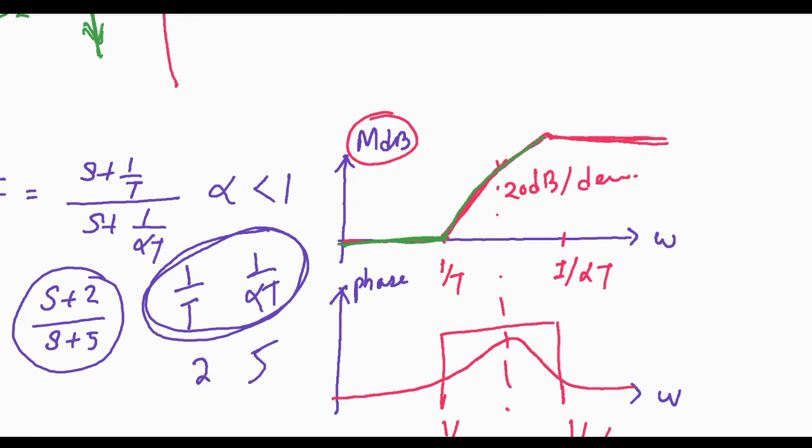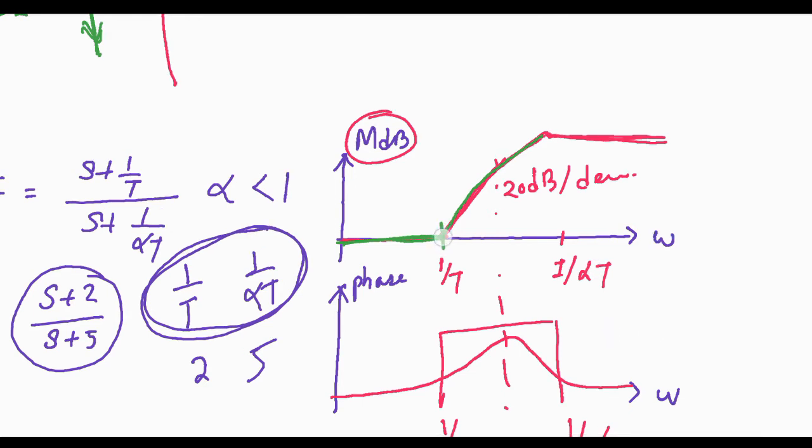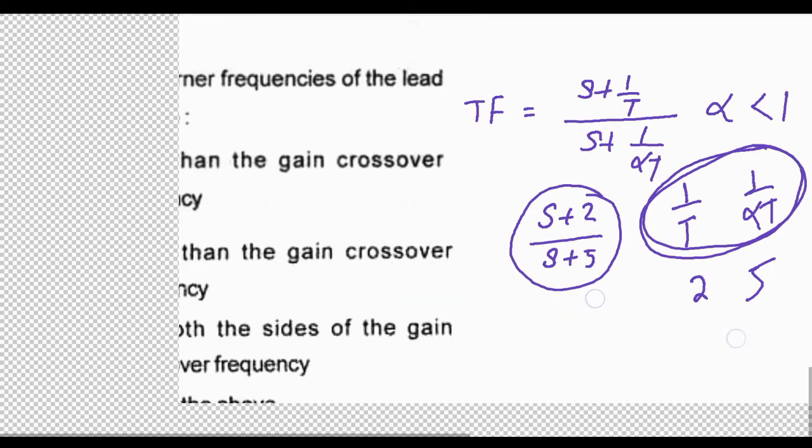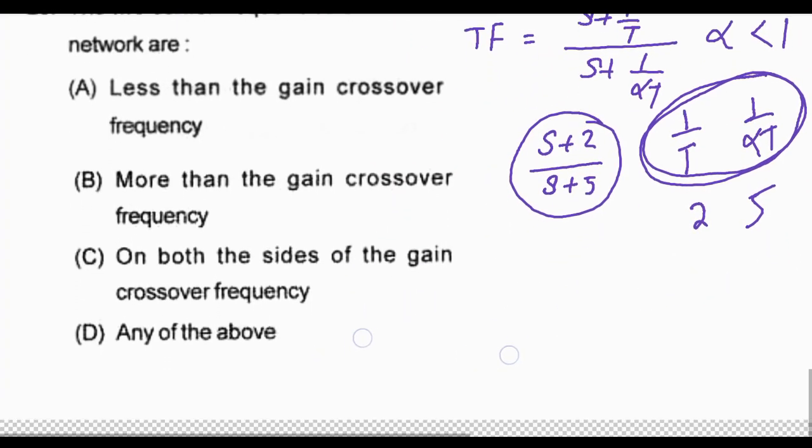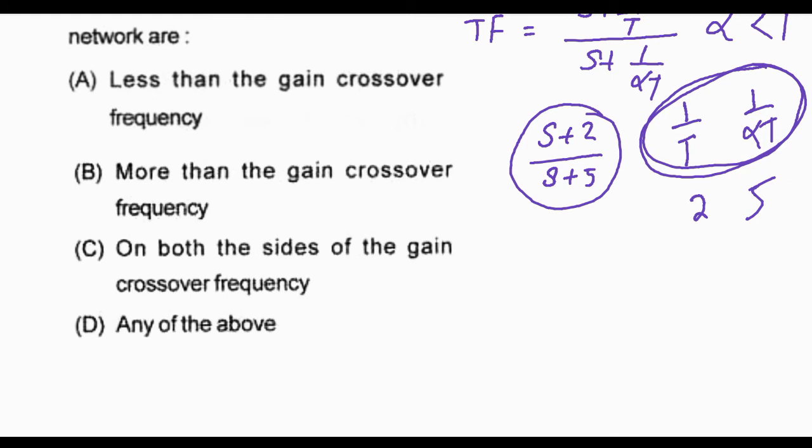So we can consider this one to be either the gain crossover frequency is 1 by t or below 1 by t, not in between 1 by t and 1 by alpha t, or greater than both. So from the options we can choose that less than the gain crossover frequency.